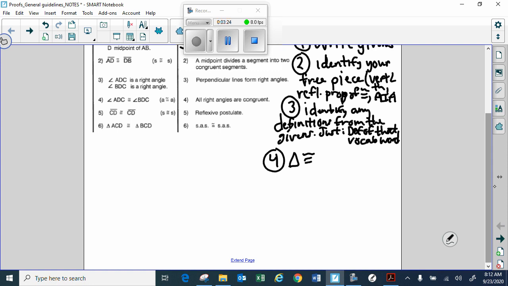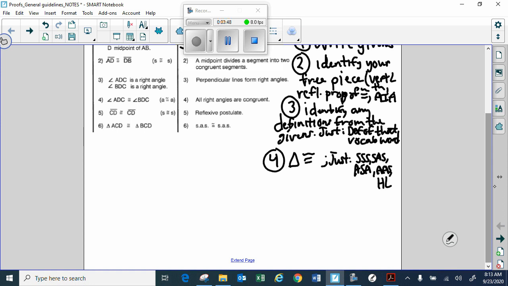Okay, you're trying to prove two triangles congruent, and those justifications, as we just have taken a quiz on it, are your SAS, SSS, ASA, AAS, or HL. One of those 5.